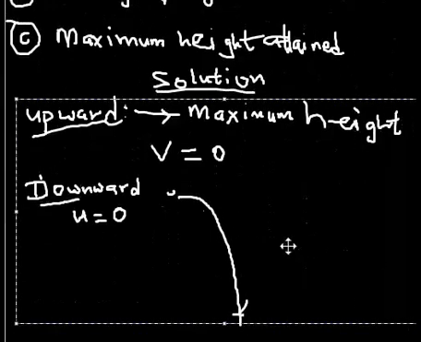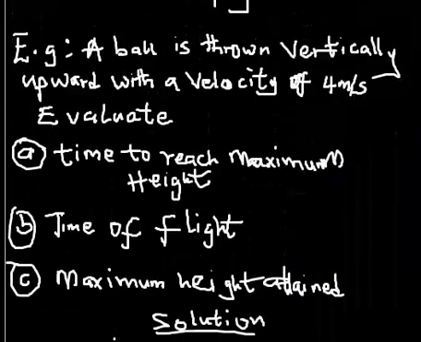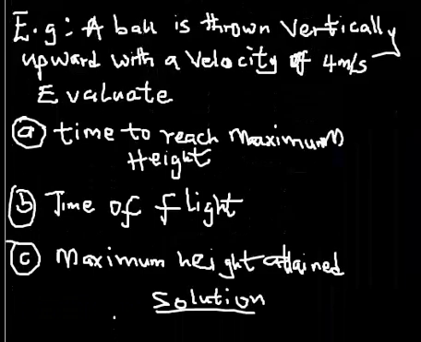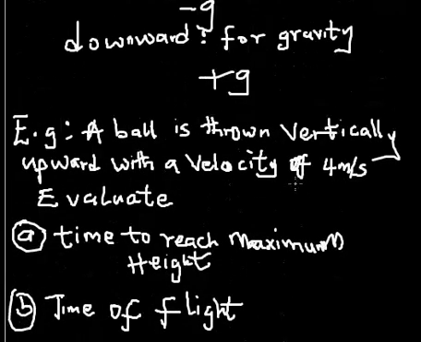So you can actually write this down. So you know what we normally do? We write our parameters, okay? So we say a ball is thrown vertically upward with a velocity. That means the initial velocity of the ball is 4 meters per second. And you can see that is the only information that was given in this question. And I'm very sure that under the question you'll be given g.